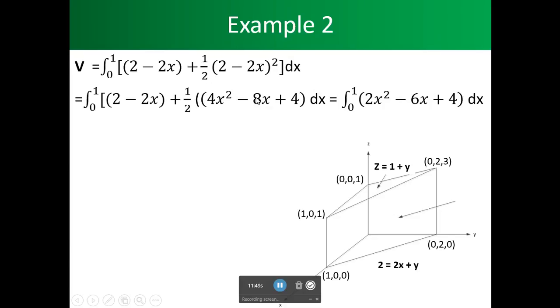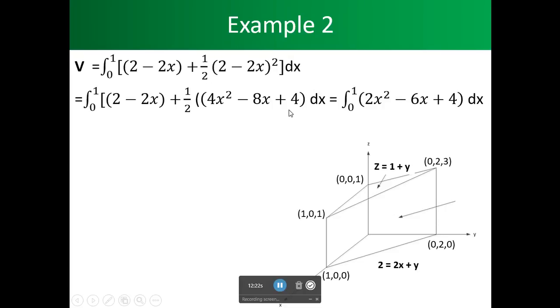Sorry, we have 8 minus 2x. So if you take half of 8, you get 4. So it's a minus. So 4 minus 4 plus a minus 2 gives us a minus 6. We have here our 4. We have half of 4 is 2. 2 plus 2 is 4. So this is what we're going to integrate.